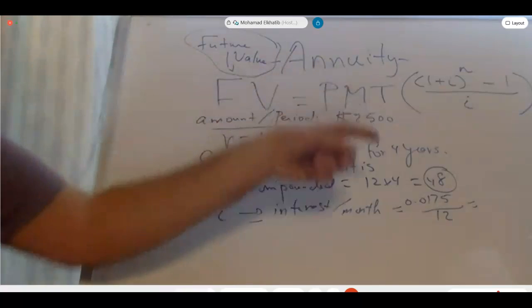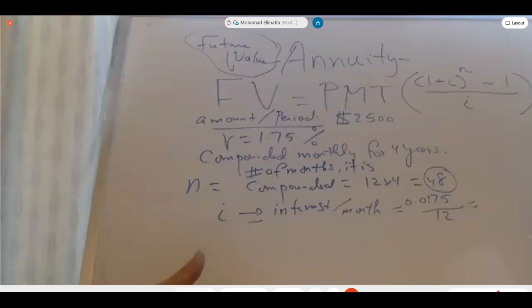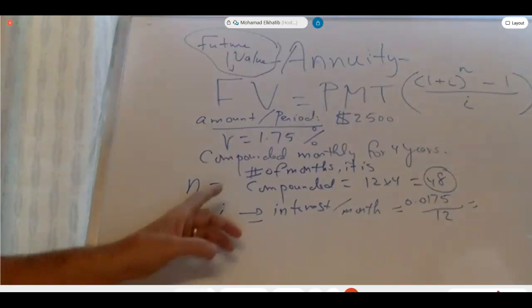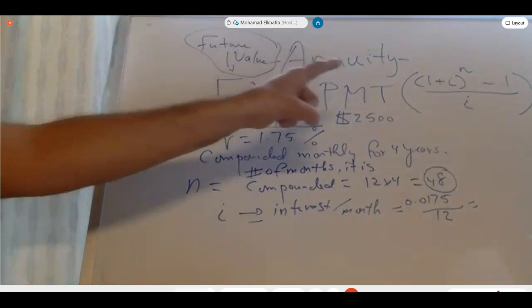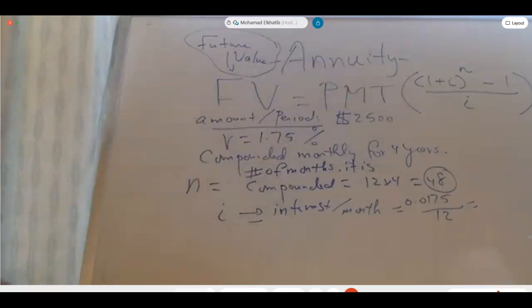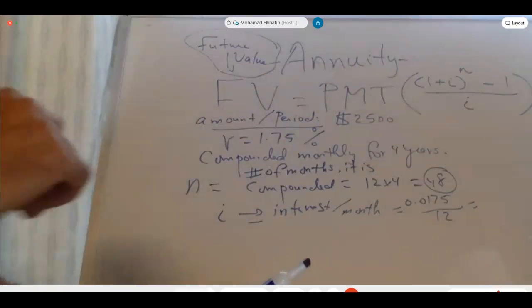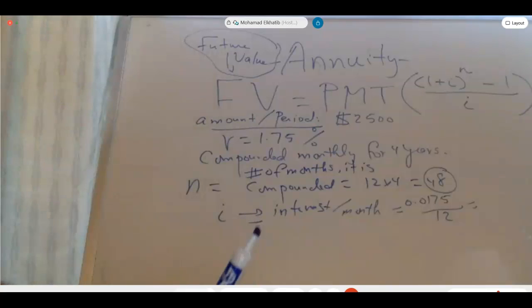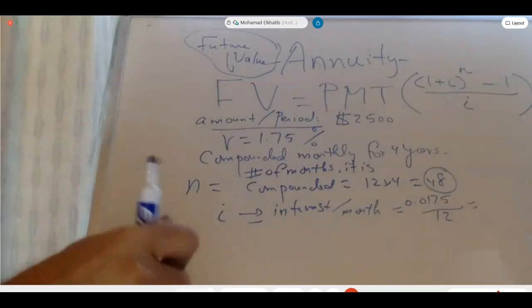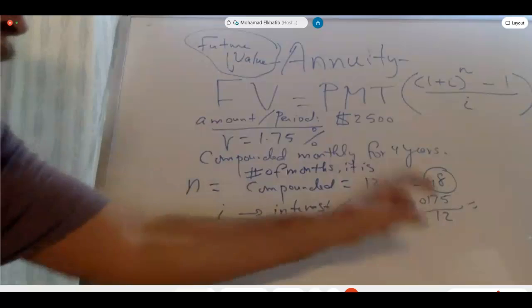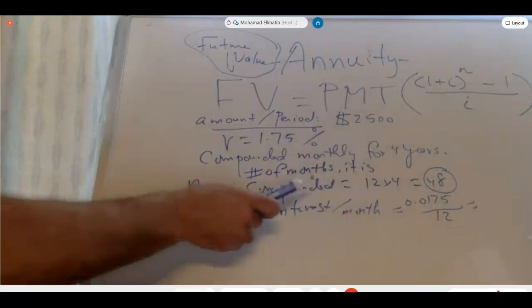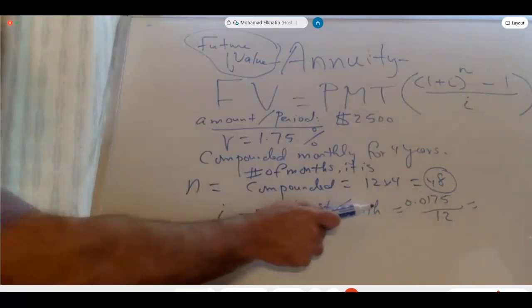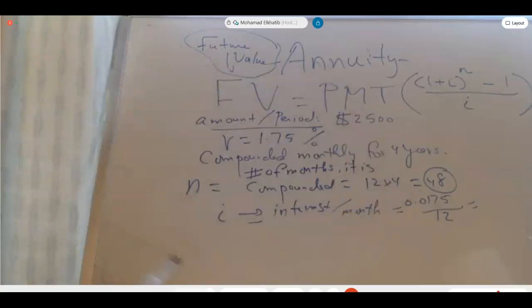Then it'd be 2 times 4, which is 8. Interest rate: you notice there is no R here. There is I in the formula. Why? Because you're putting money in every month, so you don't use the interest rate for the whole year. If they give you the interest rate, you always divide by 12, because I is the interest per month, not per year.